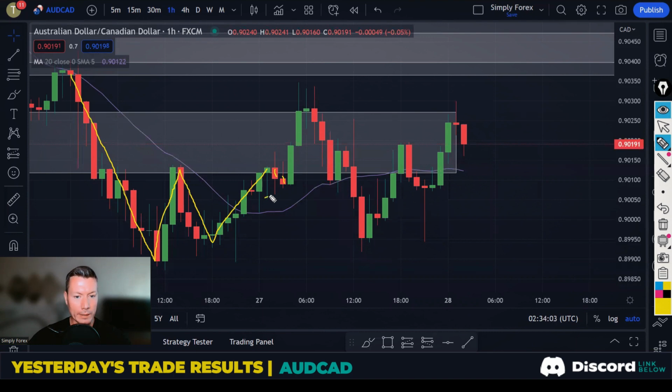Look at the wicks on these candles. Again, wicks. We love wicks. These bottom wicks are telling us buyers are in here, not sellers. So we get up to our gray zone, but buyers are still wanting to push this up, and sure enough, they do. Once we're at this point, we have changed H1 structure.